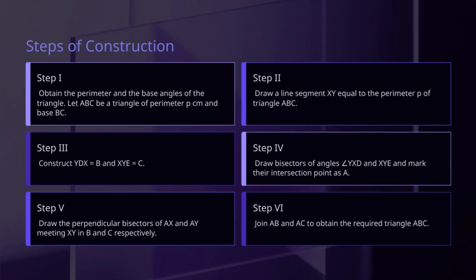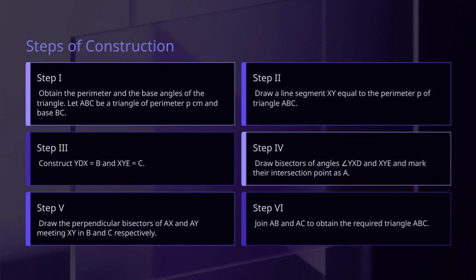This step is fundamental because it allows us to find the midpoints and establish symmetry, which are important for accurate construction. Moving to step V, we construct segments YD equal to YC and XE equal to XB. These segments help us set the correct lengths for the parts of the triangle, ensuring our construction reflects the actual dimensions.